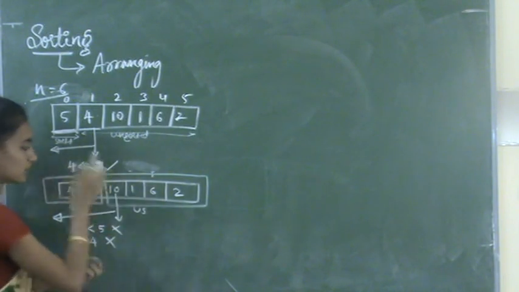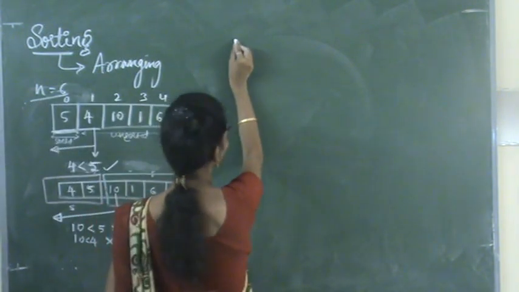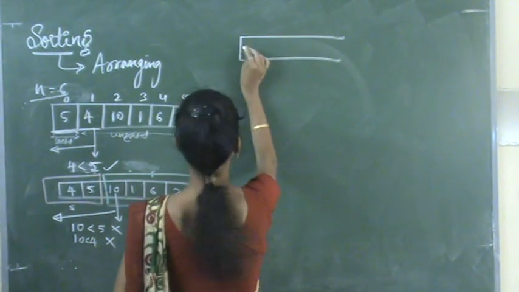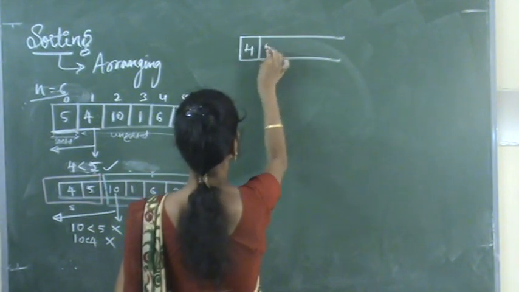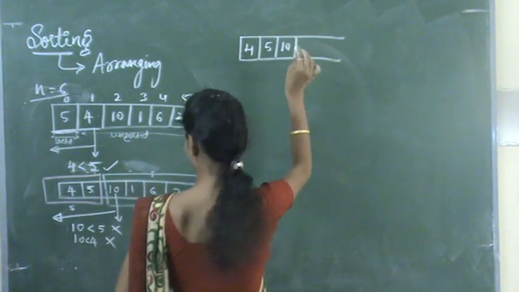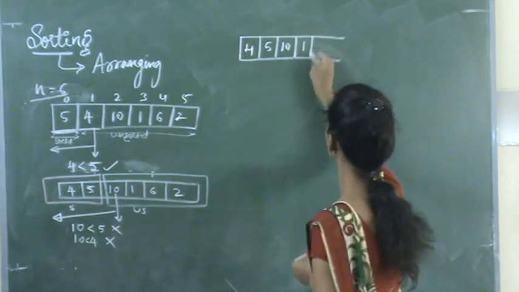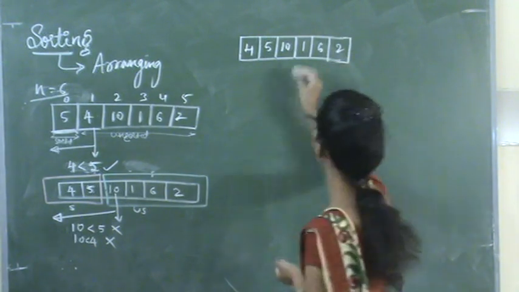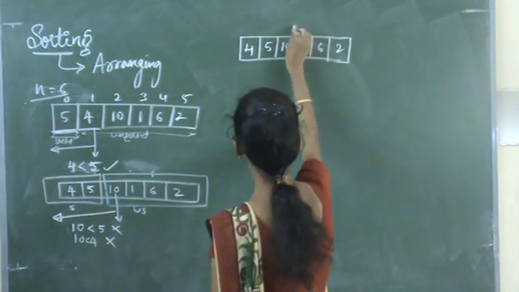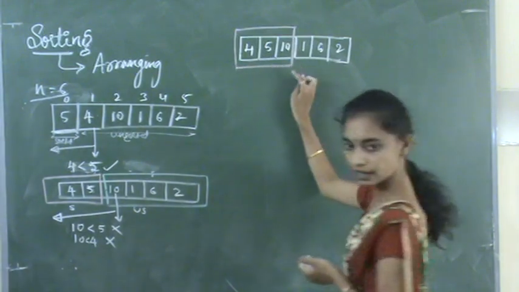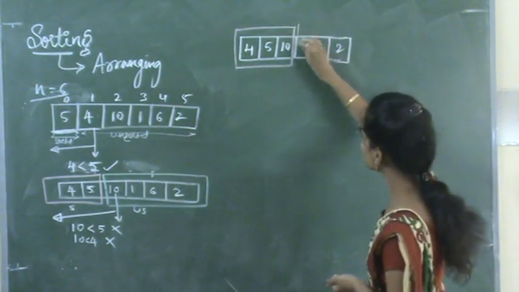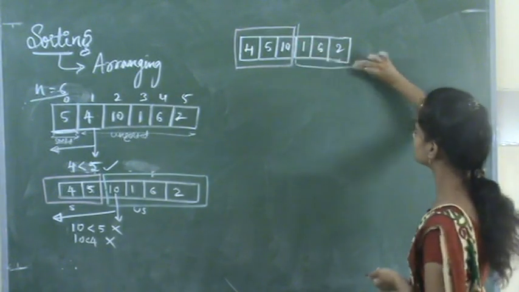Now this 10 is also sorted. Now the array becomes 4, 5, 10, 1, 6, 2. So this becomes the sorted array and this becomes the unsorted array.